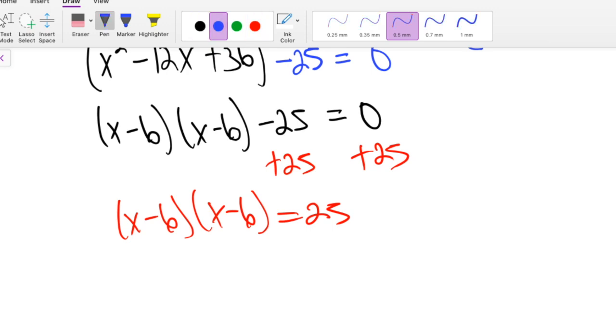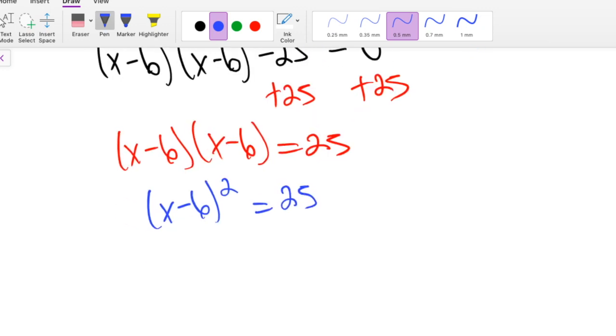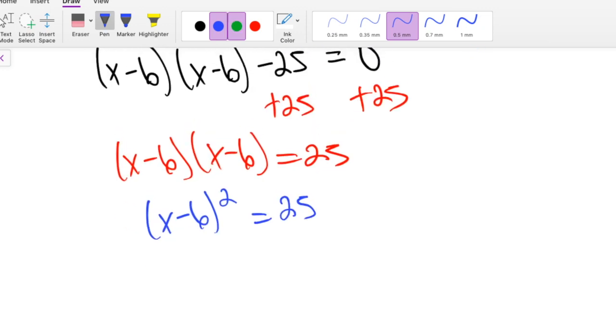X minus 6, or anything really that is the exact same thing, multiplied with itself, it's just going to be that squared. So I'm going to rewrite this as x minus 6 squared equals 25. Now, why do I bother doing that? Well, I guarantee if you rewrite it the way I just wrote it down here, it's going to make the rest of the problem a lot easier for you.